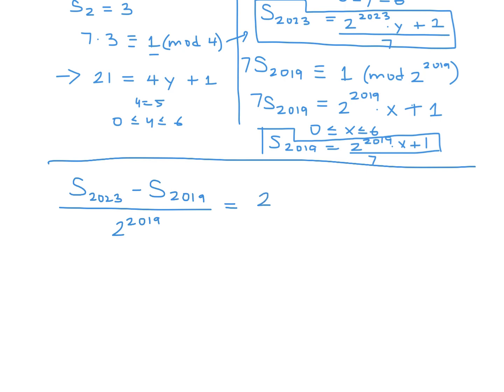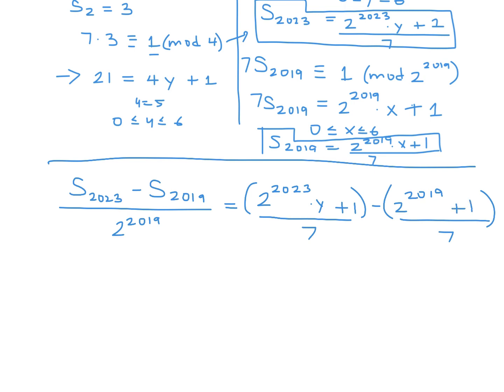This is 2 to the power of 2023 times y plus 1, and then minus, oh, I've got to put it over 7, sorry. And then this one is 2 to the power of 2019 times x plus 1. Is that it? Yeah, and then it's all over 7. And well, it's all over this guy, 2 to the power of 2019, like that.